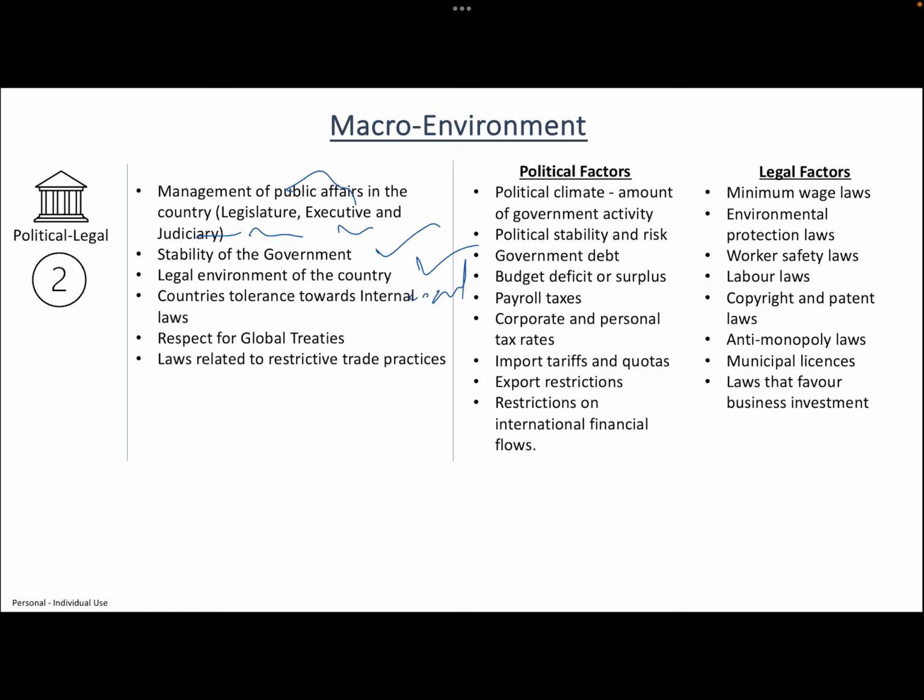The United Nations and its organs, such as the International Court of Justice, have made certain international laws with respect to the environment and intellectual property, and there are many global treaties made in past years. So, how much is that country respecting those international laws and global treaties? If countries are not respecting international laws, then it is very, very risky to do business there.